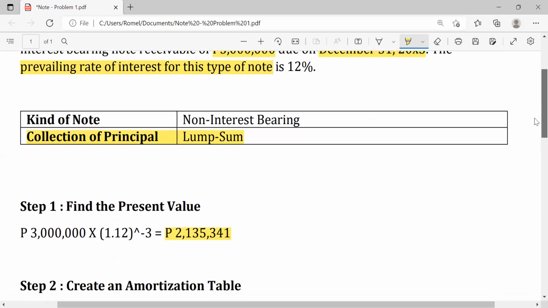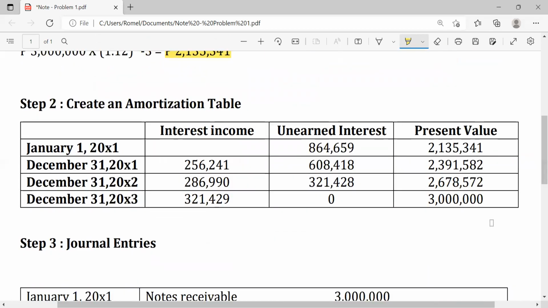And then, next. The next thing that we will do is we will create an amortization table. Gagawa tayo ng amortization table. So ano yung ilalagay natin sa amortization table? Interest income, unearned interest, and present value. So take note, what is our goal if the collection is lump sum?